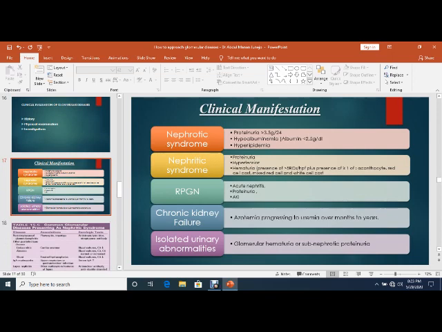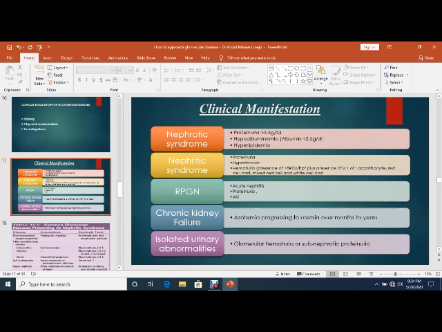These patients can present with various clinical manifestations. They can present with nephrotic syndrome, characterized by proteinuria of more than 3.5 gram in 24 hours, hypoalbuminemia with albumin less than 2.5 gram per deciliter, and hyperlipidemia. In nephritic syndrome there is proteinuria, but it is in the non-nephrotic range.